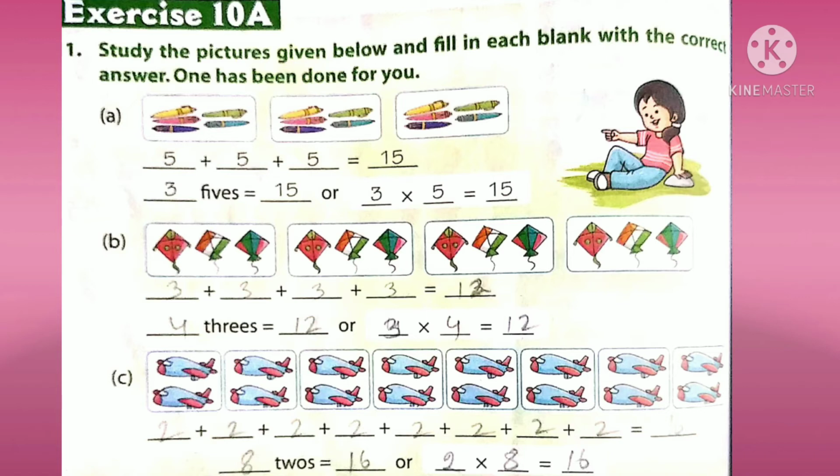Let us add them. 2 plus 2 plus 2 plus 2 plus 2 plus 2 plus 2 plus 2 equal to 16. 8 2s are 16, or 2 into 8 are 16. So, my dear students, in the same way you will complete writing number D, number E and number F.